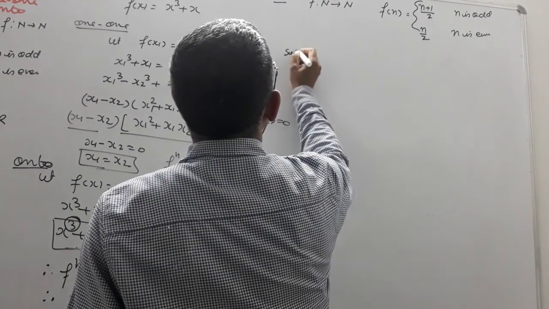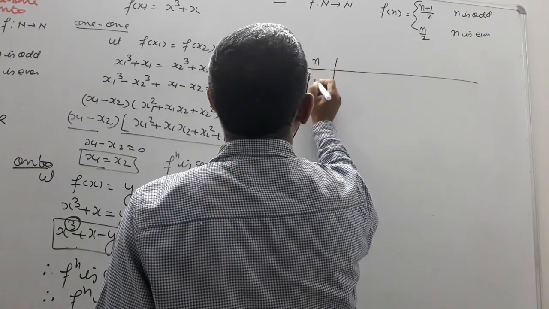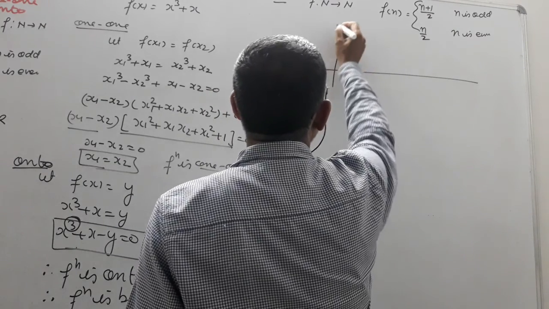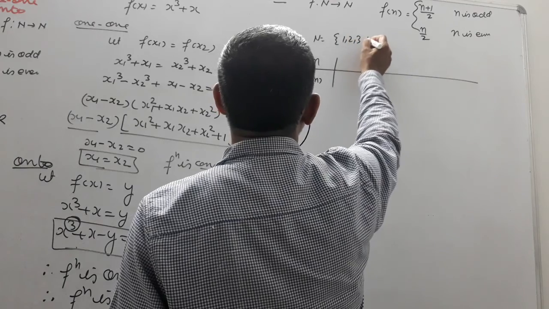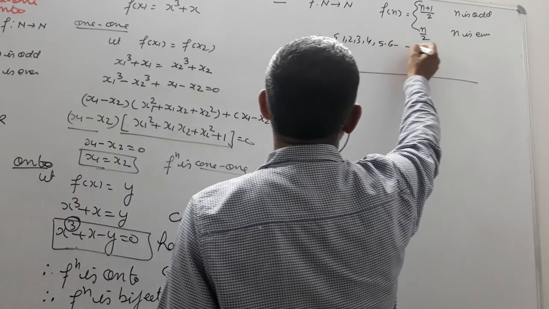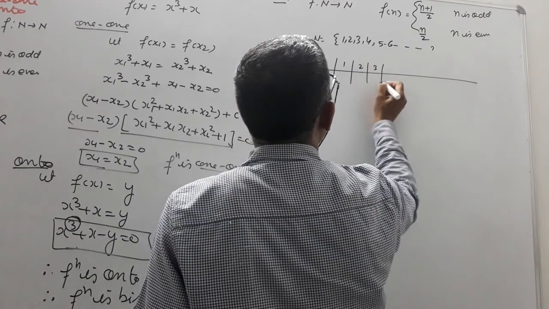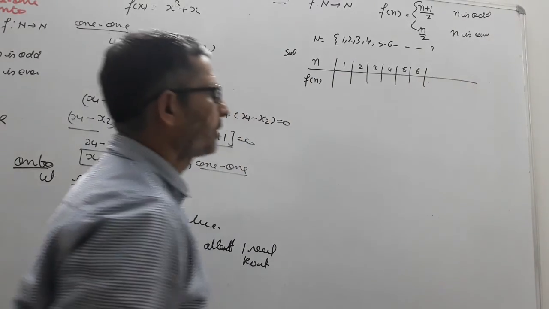For this part, first draw the table. Write the value of n and f(n). Natural numbers start from 1, 2, 3, 4, 5, 6 onwards.